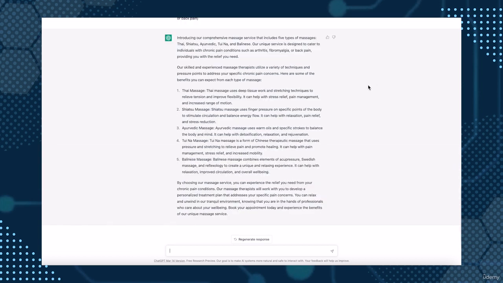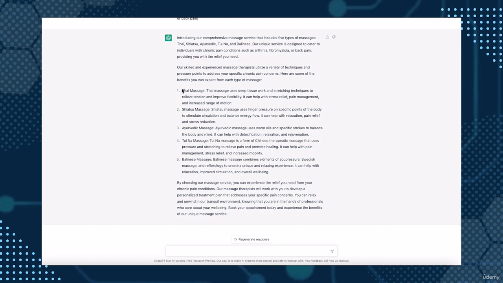Okay, and as you see, this is a beautiful example. The introduction introduces all of our massages, and then it talks about how this is designed to be catered to these types of people who are suffering with these symptoms. And then it also has kind of a filler part, but it talks about how there's an experienced massage therapist in this facility who will know how to do their job.